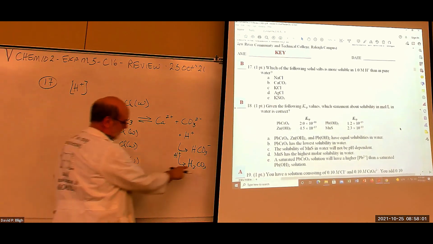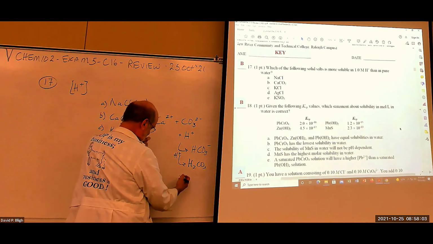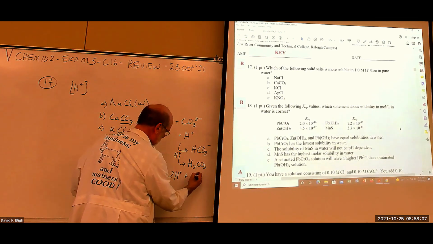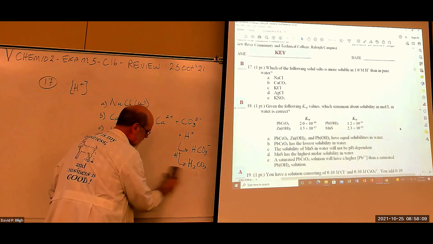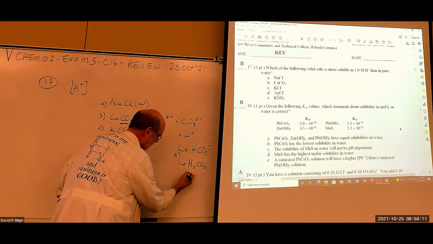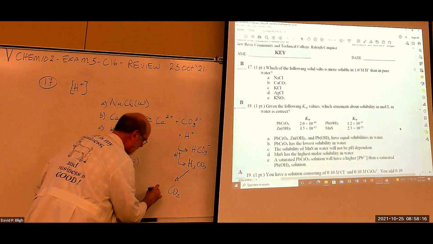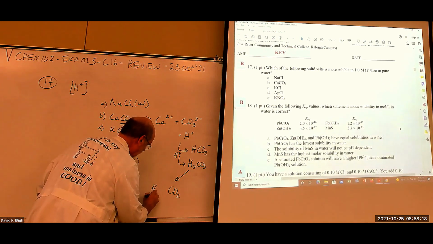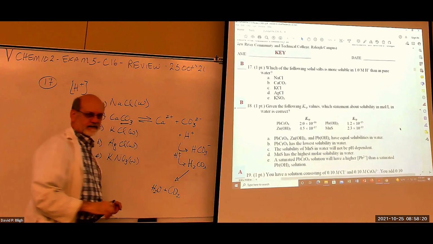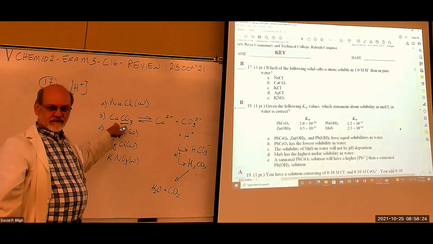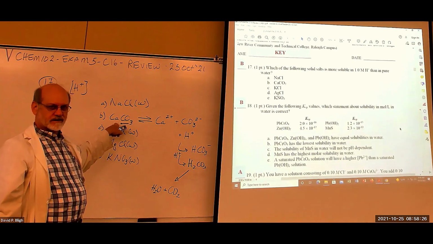Actually, it does make this, and then this decomposes. Actually, it makes carbon dioxide and water. So if you add acid to calcium carbonate, you're going to get a fizz.